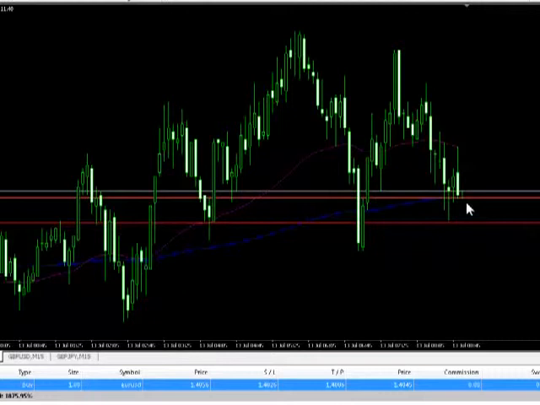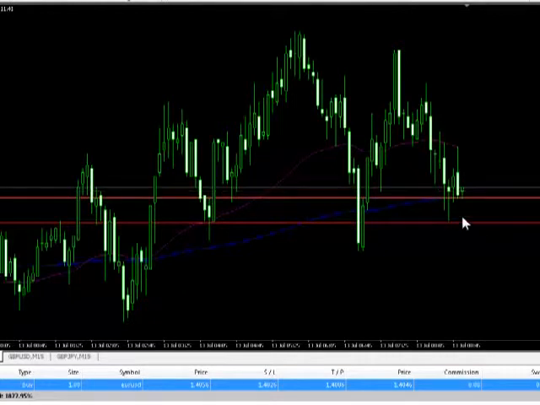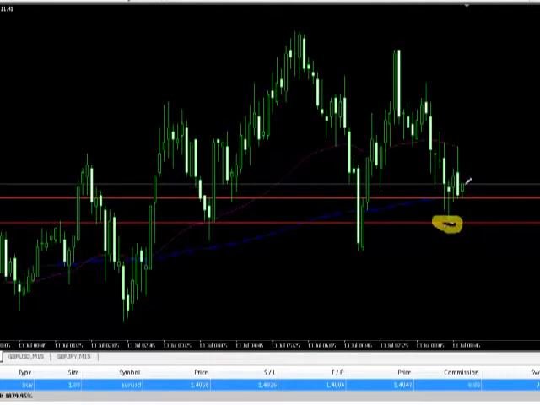If we see a breakout to the downside of this level, preferably of this low right here at 111.32, then this will become a good entry point to go short. If it doesn't break this level, then we can start thinking about going long.